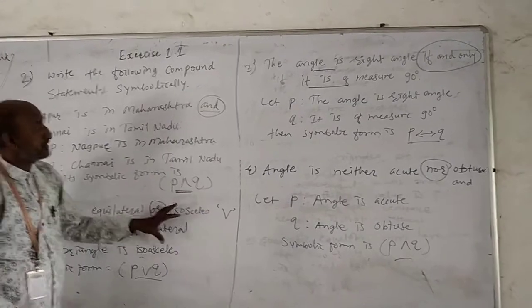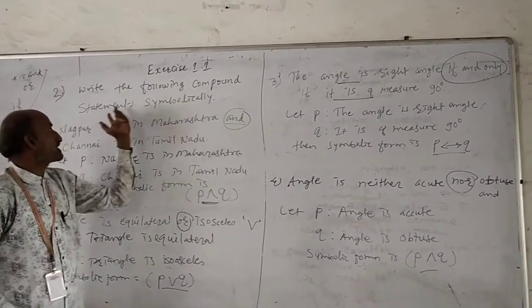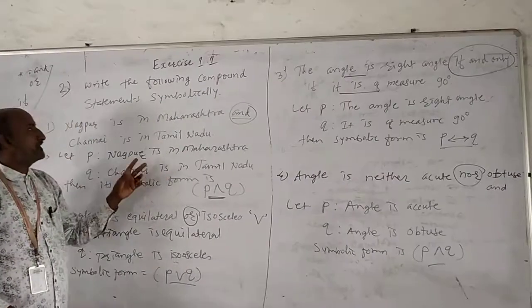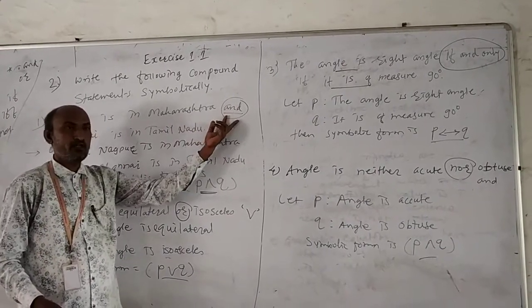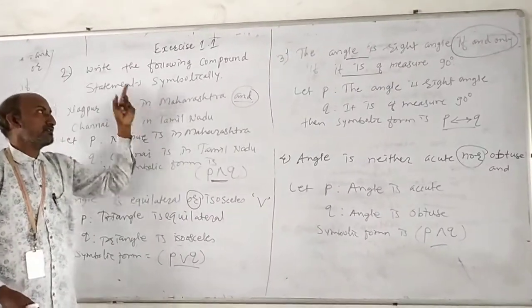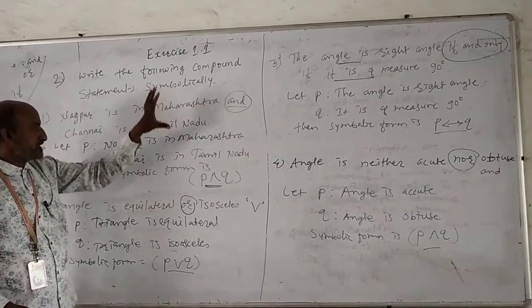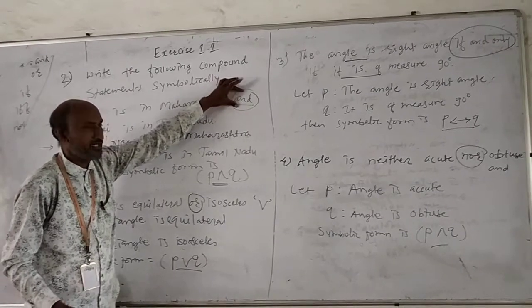Try to understand. Here is the question: which of the compound statement? Compound statement. Try to understand the definition. Any two simple statements connected with one logical connective is called a compound statement. These simple statements can be connected with a logical connective.